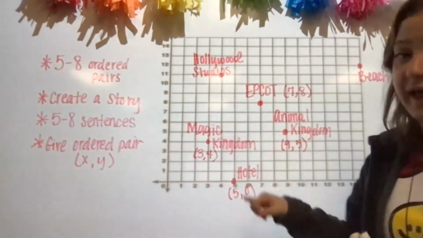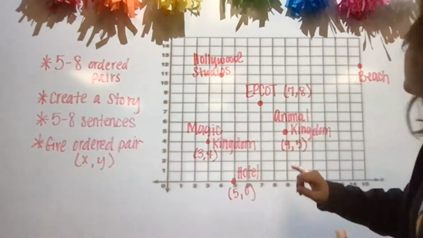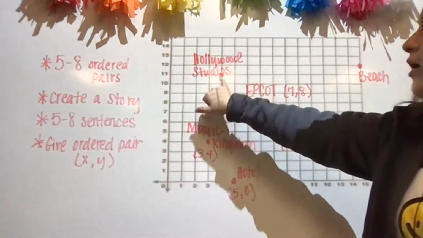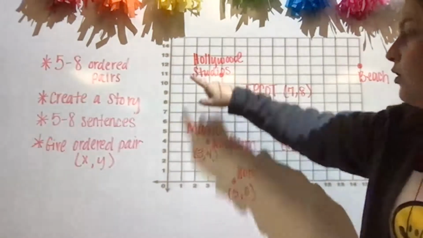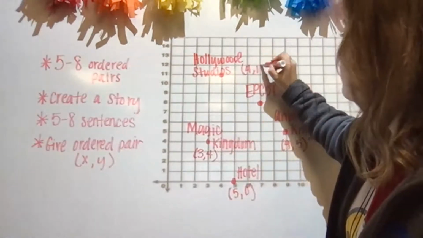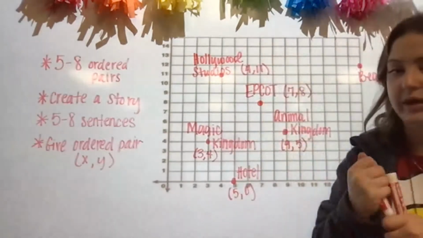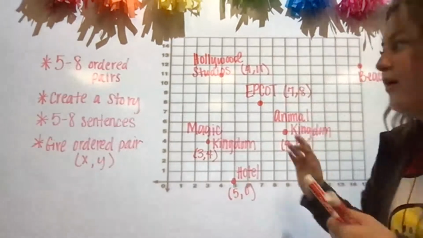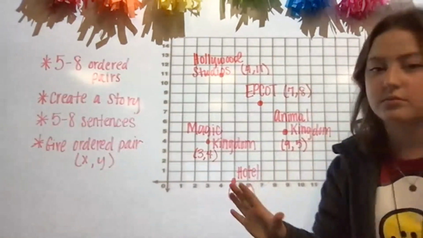On the third day of Disney, we spent a whole day at Hollywood Studios at 4:11. Okay. So I got about 4 sentences here.